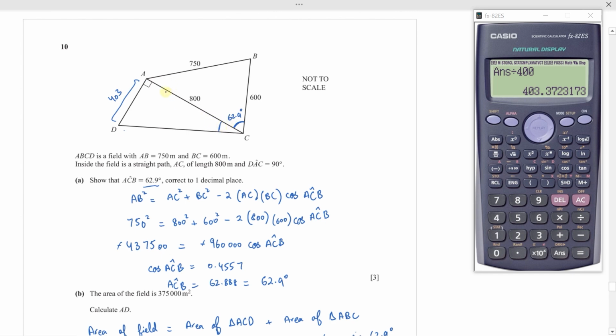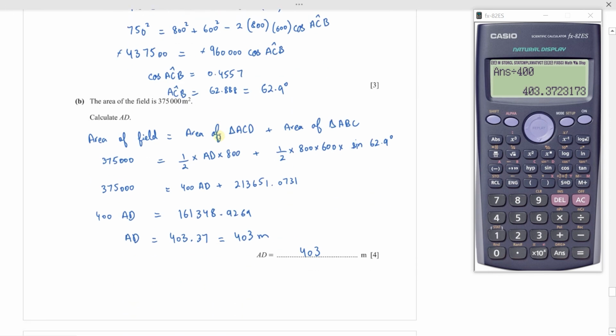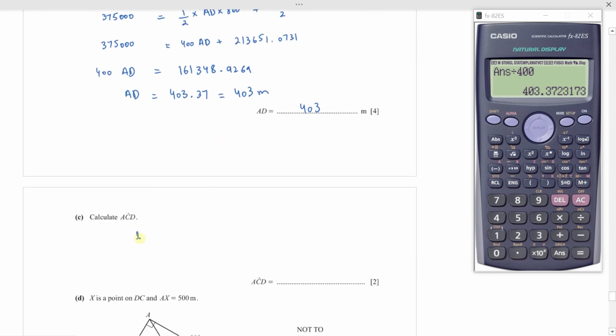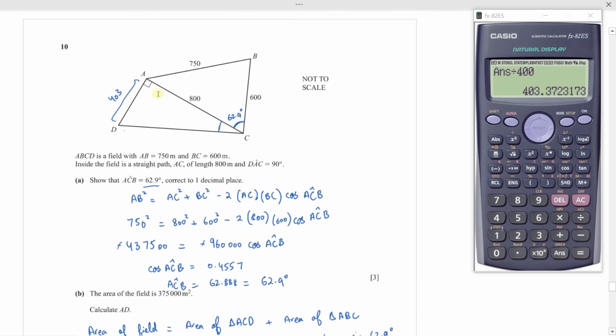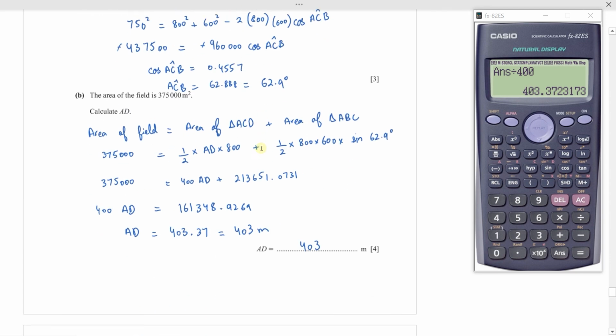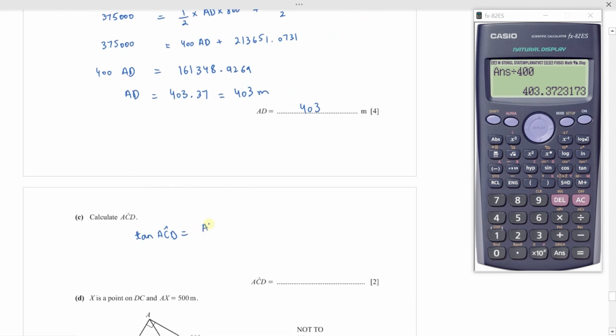So I can use tan of ACD. So tan of angle ACD equals perpendicular over base. So your perpendicular is AD over AC, which is 403 over 800. So ACD will be tan inverse of this.